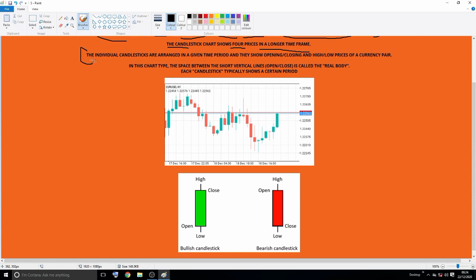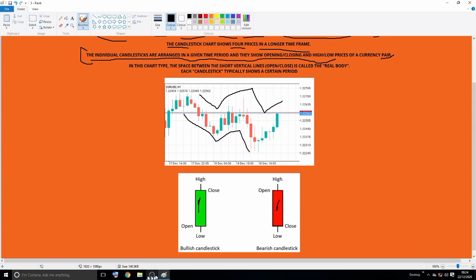The individual candlesticks are arranged in a given period, and they show the open and close, high and low of a currency pair. So these are candlesticks. By a candlestick chart, we mean a chart that is made of candlesticks.